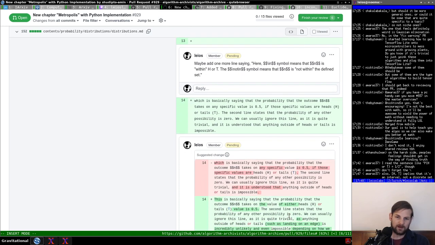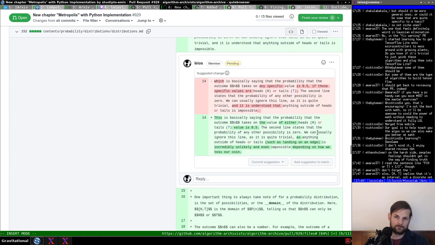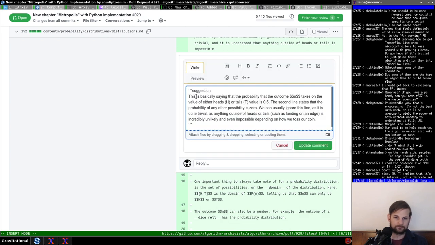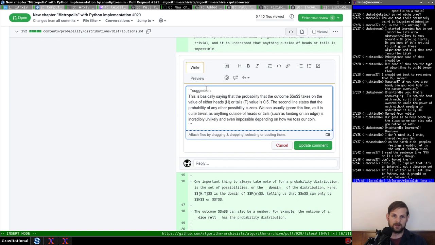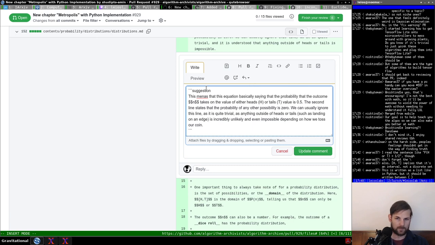And then this statement basically means that this equation is saying that the probability of the outcome taking on the value of either heads or tails is 0.5.